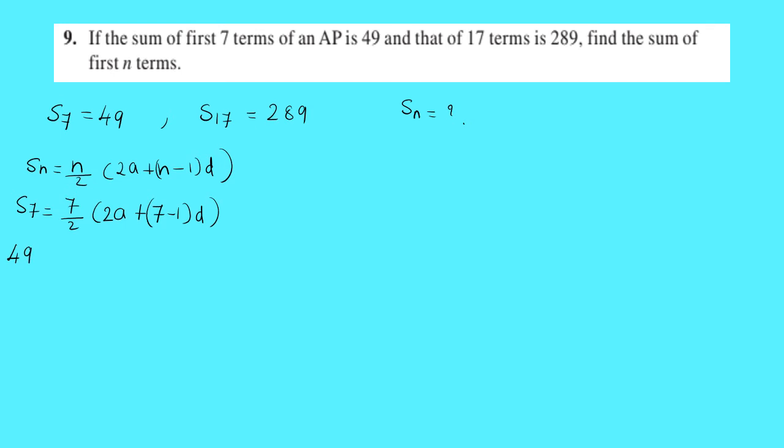Do the cross multiplication, you will have 2 and upon 7 equal to 2A plus 6D.